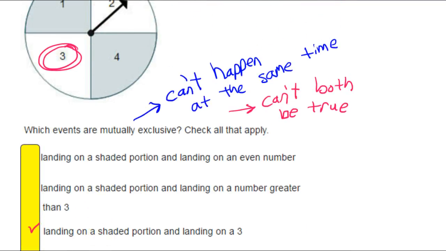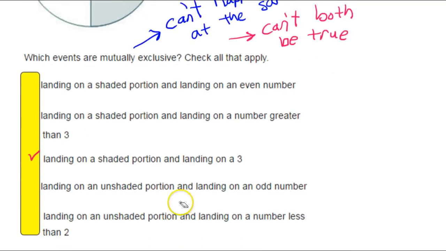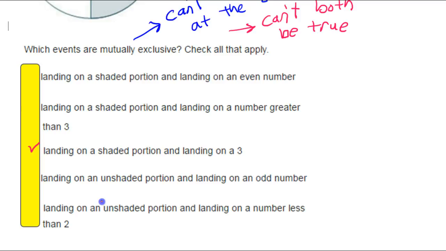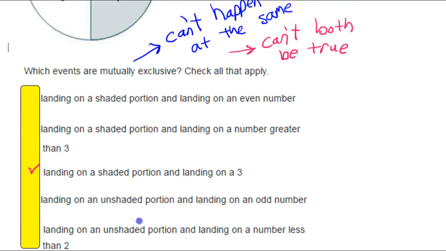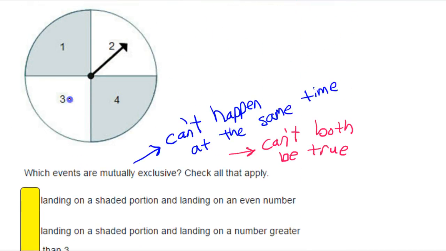Okay, let me just clean that up. Last one. Landing on an unshaded portion and landing on a number less than 2. Okay, so these are the unshaded portions. Are either of these less than 2?